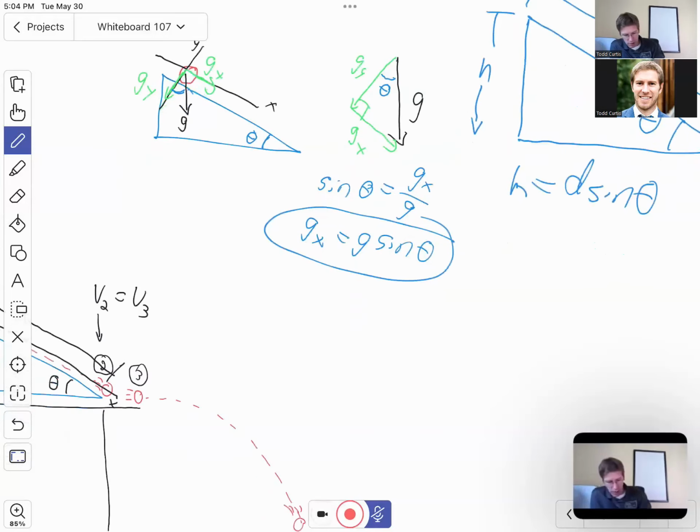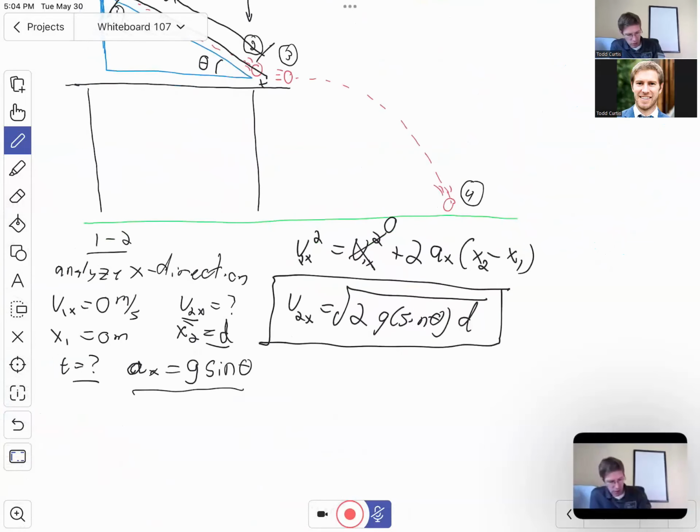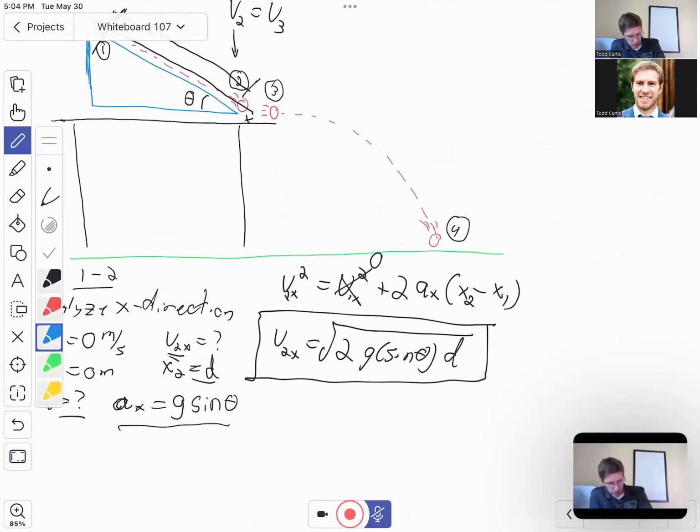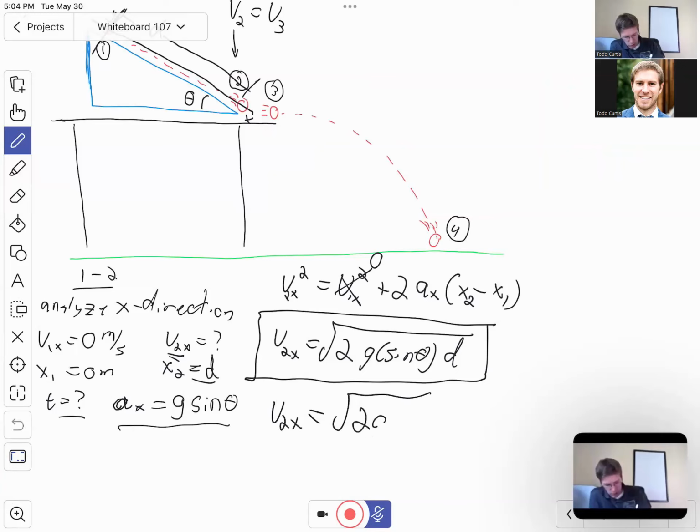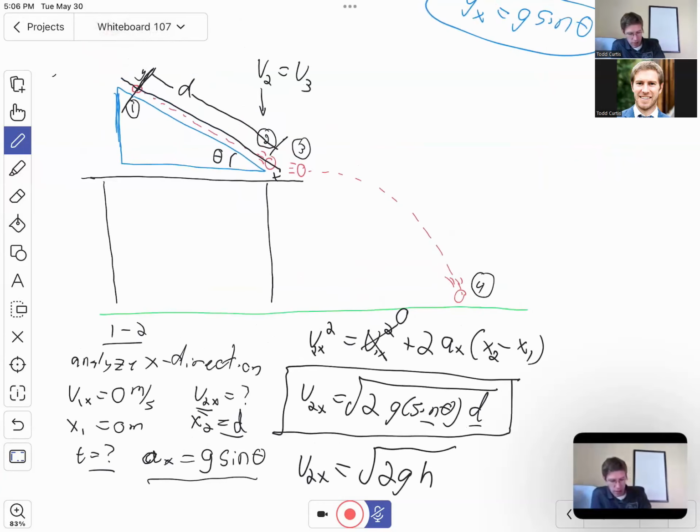So you could actually come back down here, rewrite our equation, and just say that v2x would actually just be the square root of 2g times d sine theta, or 2gh. So the speed at the bottom of the ramp is the same as if you just dropped the ball straight down and it fell a distance h, which is a kind of cool thing to show in this scenario. So anyway, either of these two is acceptable for your answer to pre-lab question number 1.